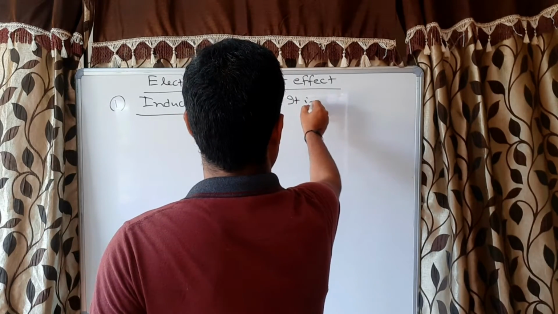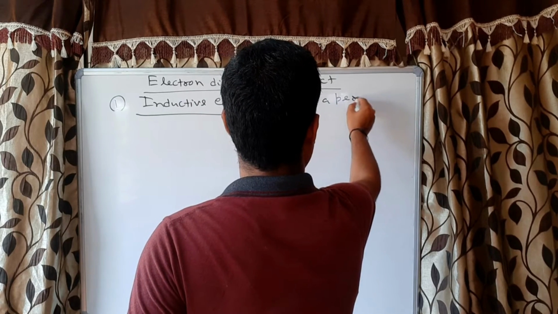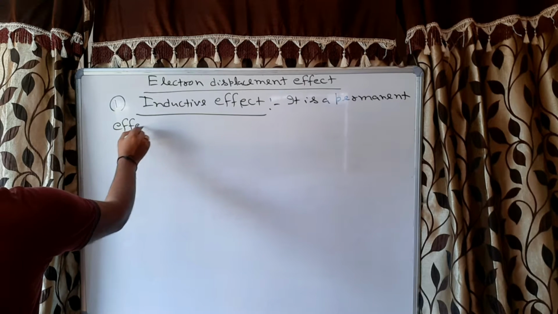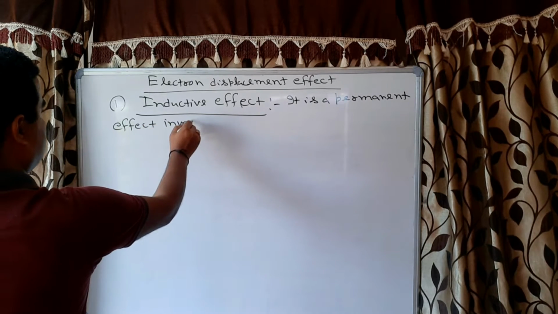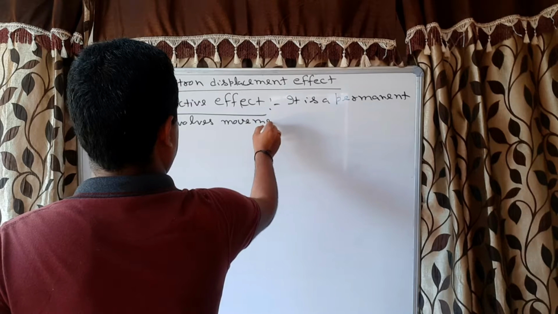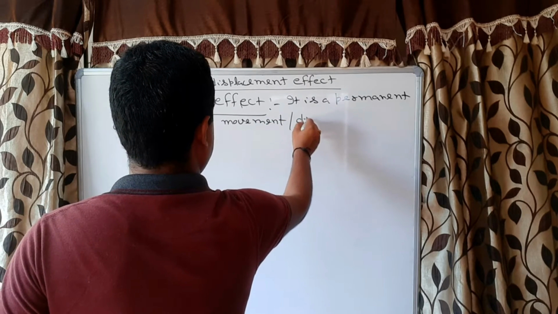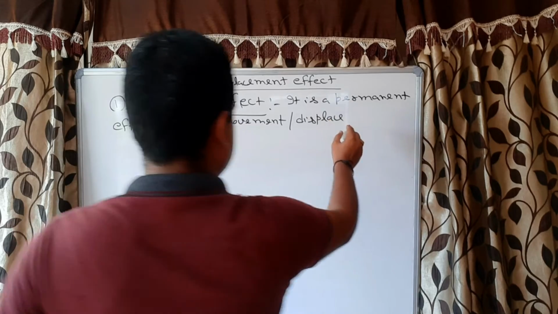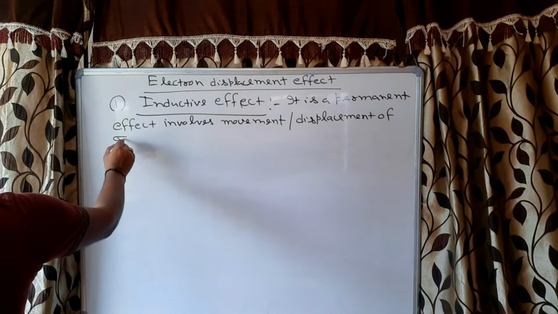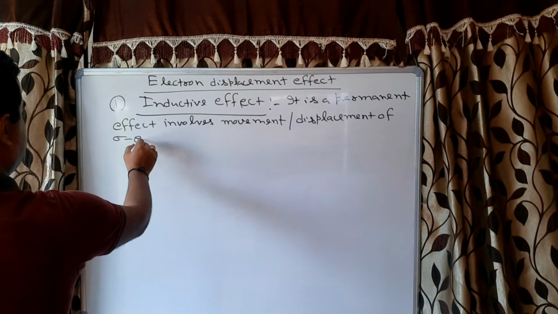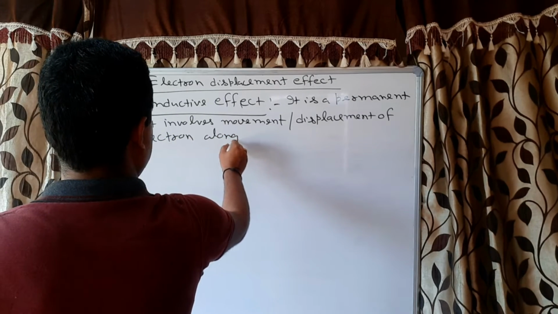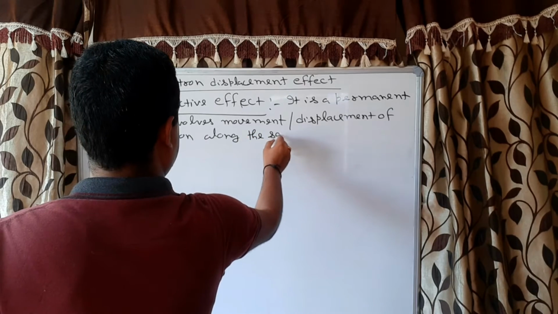So it is a permanent effect, involves movement or displacement of sigma electrons. Sigma electrons means saturated carbon chain, correct or not?